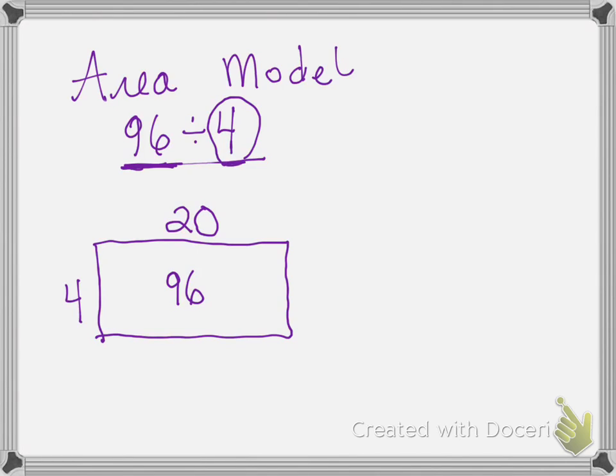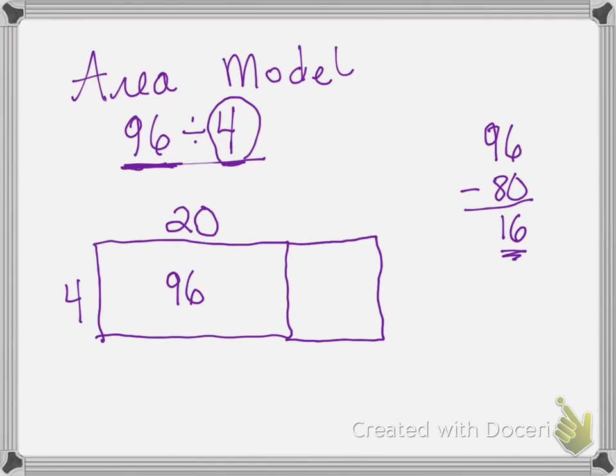So now what I need to do is, since 20 times 4 is 80, I need to subtract it from 96. And I'm left with 16. So now I have another area of 16 square units. So I need to add a little bit more onto my rectangle, and this is going to represent 16.